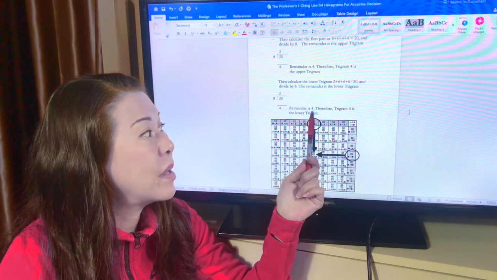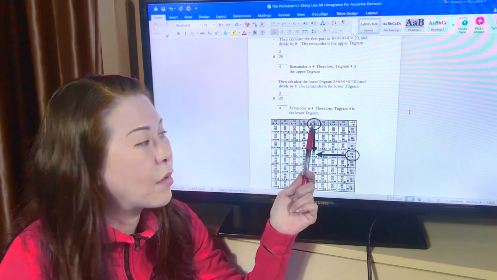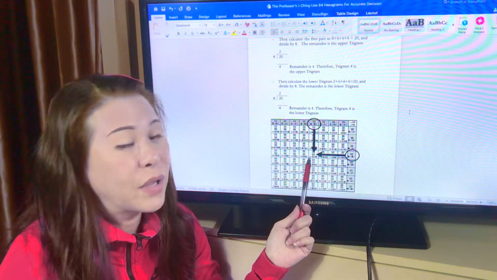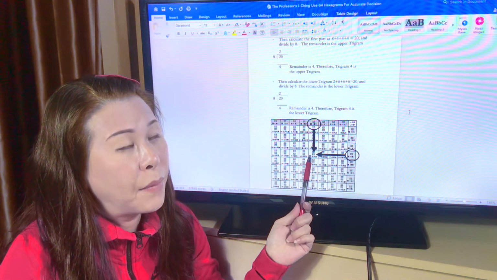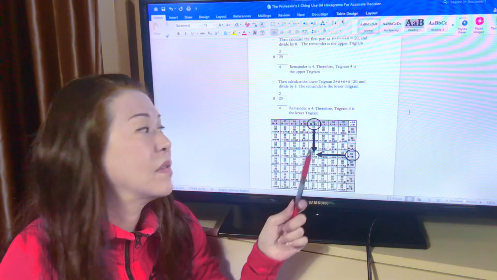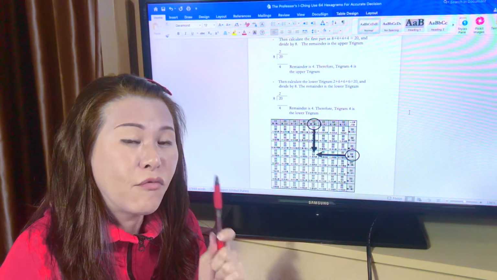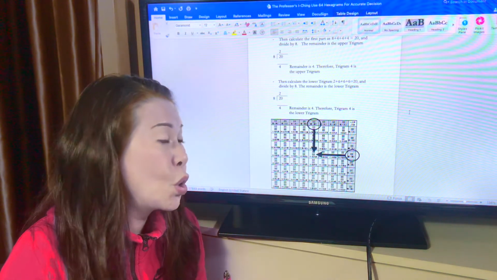So the remainder is 4, so I have 1, 2, 3, 4 upper trigram, 1, 2, 3, 4 lower trigram. Then I get hexagram 51, for understanding my current situation. Remember, hexagram reading 1 is always about what's going on right now for you.